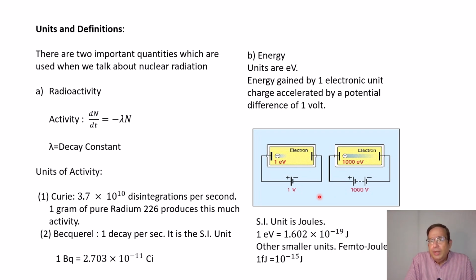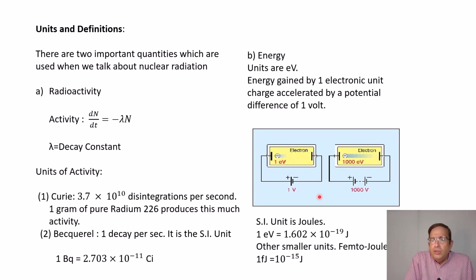The other unit of energy is the SI unit, which is the joule, which is used in common day-to-day work and power experiments that we do in the normal macroscopic world. So in the macroscopic world, the joule is a reliable unit, but in the microscopic domain, the joule is a very large unit.